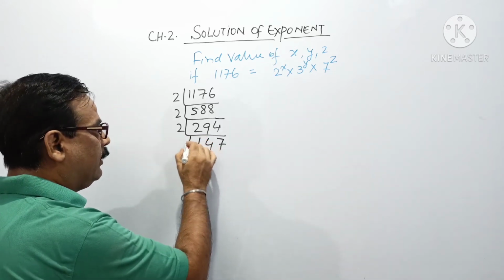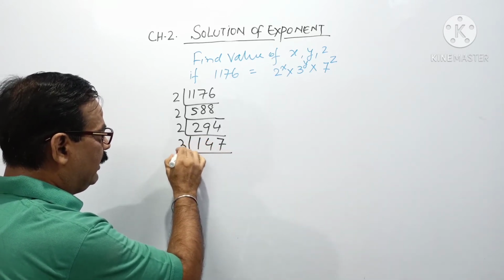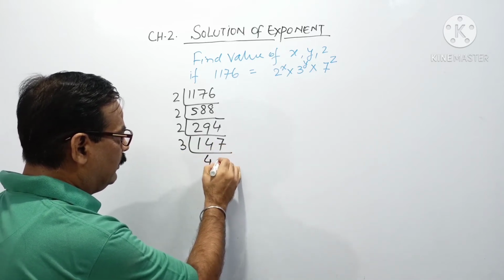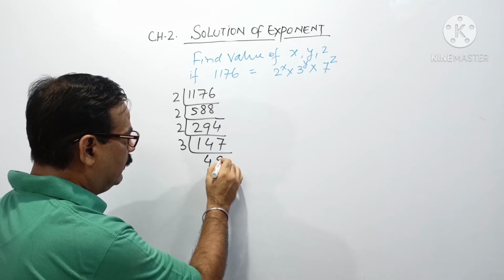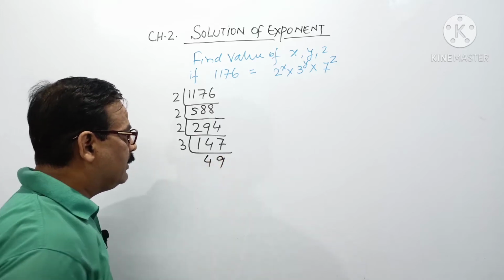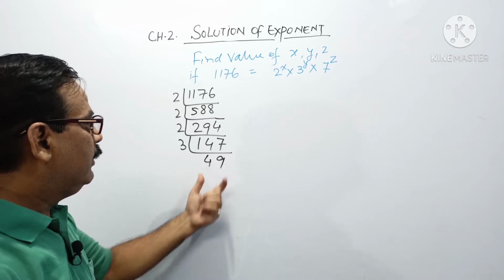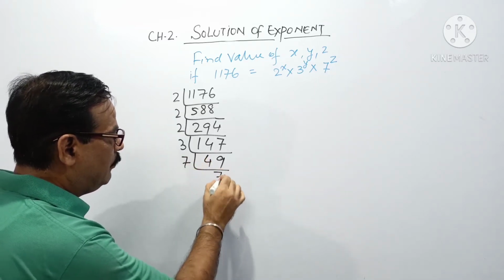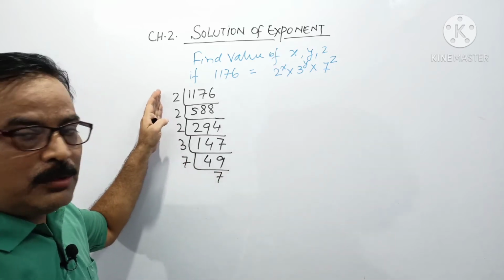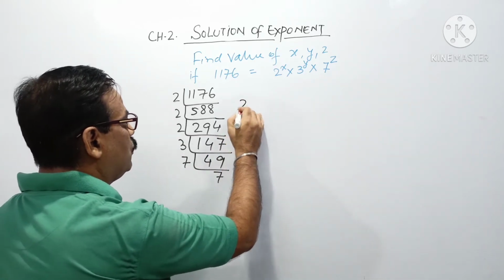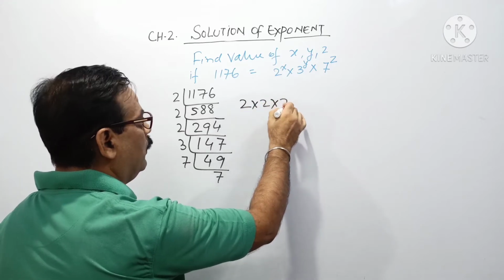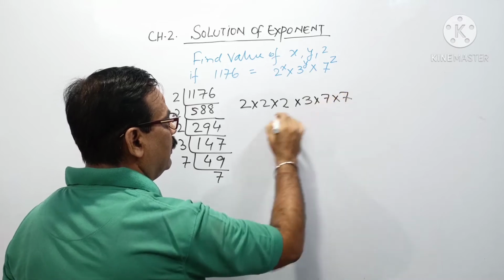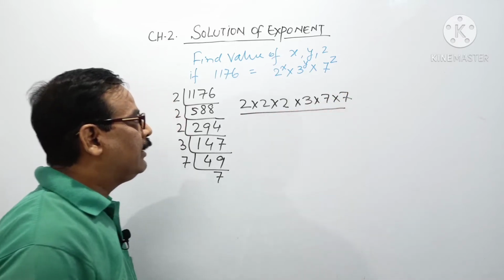Now we take 3, so 3 4s are 12 and 3 9s are 27, so 49. Now it can be taken by 7, so 7 7s are 49. So from the LCM what we are getting is 2 into 2 into 2 and 3 into 7 into 7. So this is the total we are getting.